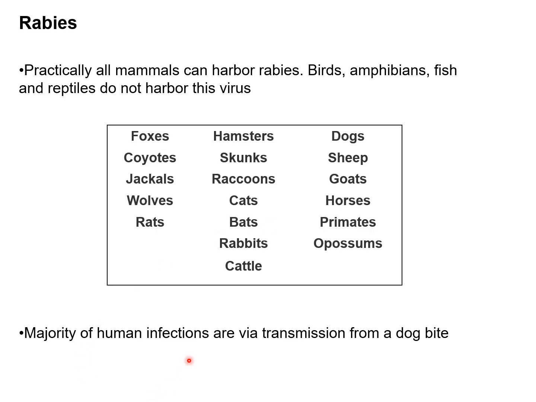Most human infections are transmitted from a dog bite. That is a worldwide issue. About 97% of cases worldwide are transmissions from dogs. But in the United States, for example, and other areas of North America, they control their street animals, and so the majority of their infections are not from dogs.